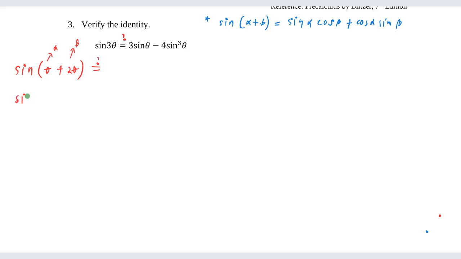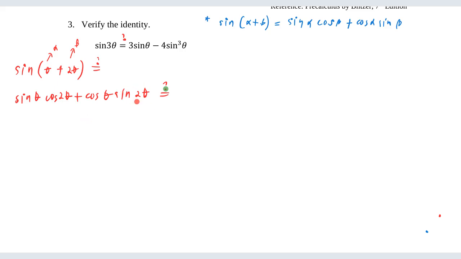Let me go ahead and rewrite this now. Sine theta cosine 2 theta plus cosine theta sine 2 theta, which is equal to that side. Next, I am going to apply the double angle formulas.